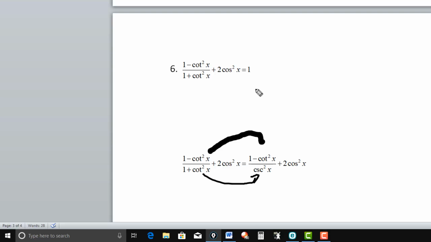And then always keep in mind that the objective is to get 1. So there's several ways we can get 1 using those basic identities. But let's just continue with this.